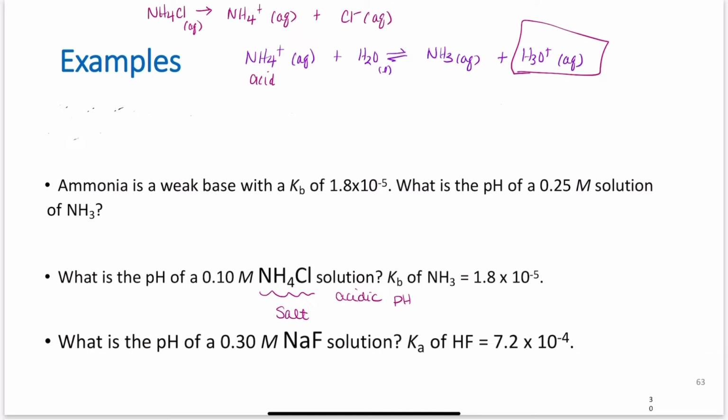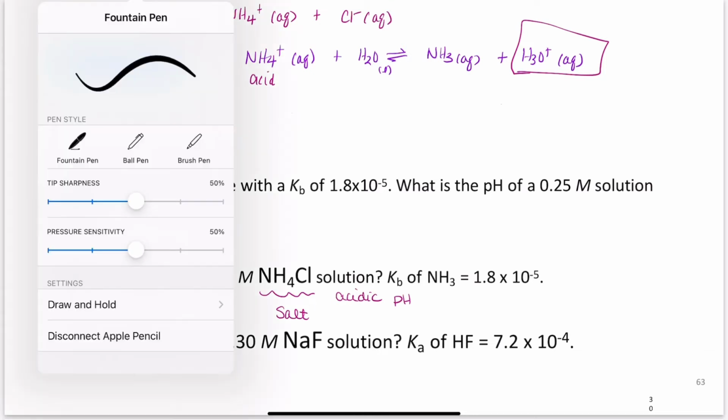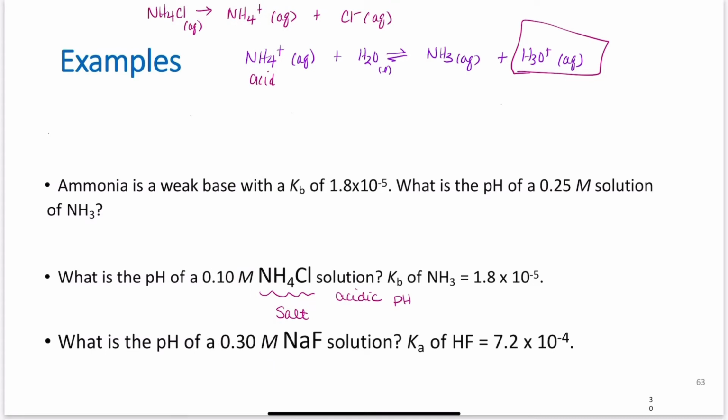And so it will react in water to reform some ammonia and some hydronium ion. I'm told initially that I have a 0.1 molar solution of ammonium. I don't have any ammonia, and I have approximately no hydronium.